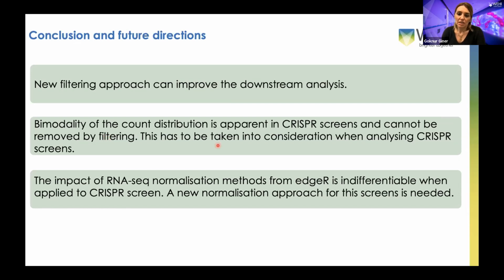And this has to be taken into consideration when analyzing CRISPR screens. Maybe new methods have to be developed. And the impact of RNA-seq normalization methods from edgeR is indifferentiable when applied to CRISPR screens. A new normalization approach for the screens needs to be developed as well.